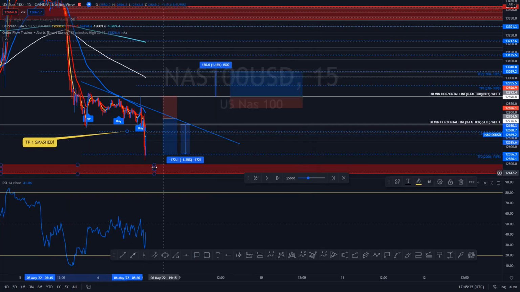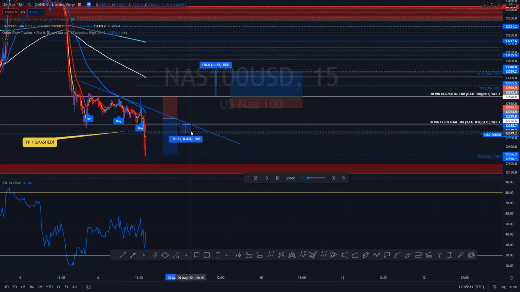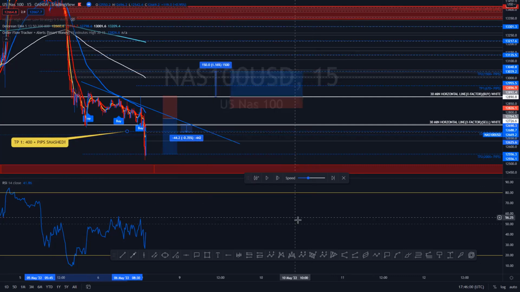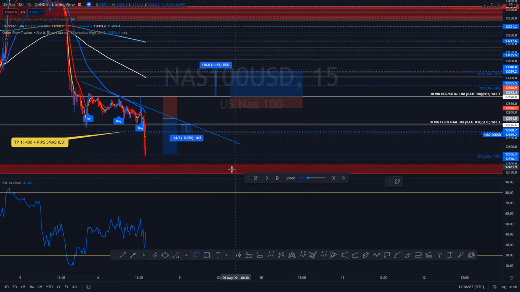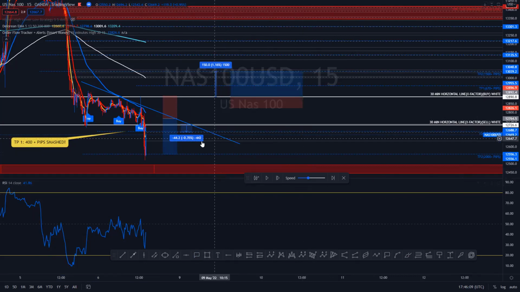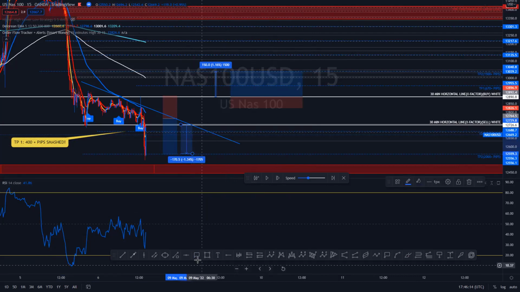Here. And then, let's see how many pips that is here. So maybe about 400 pips. Down here, and when it got down to here, second take profit was smashed.